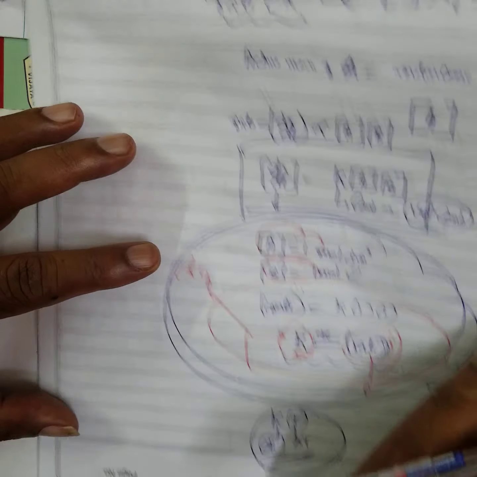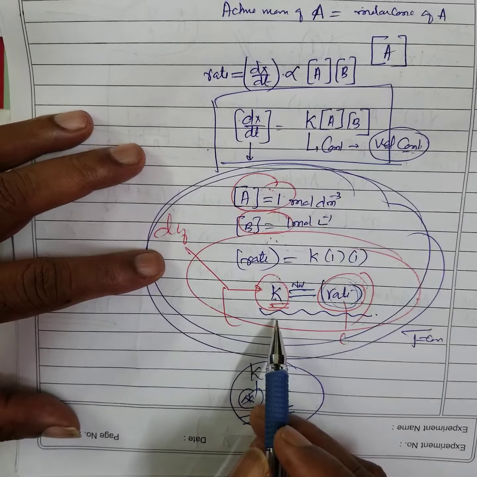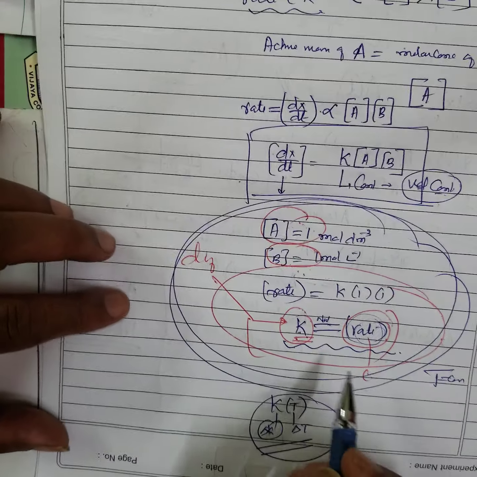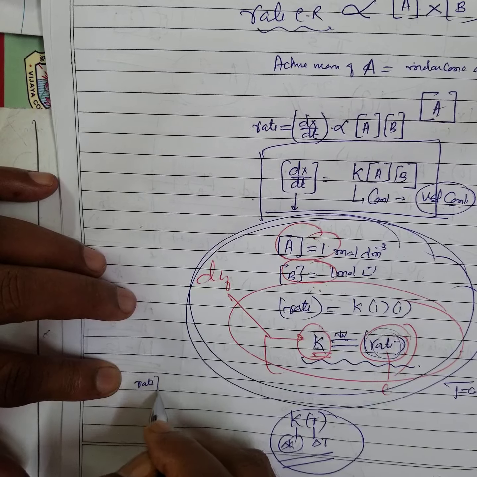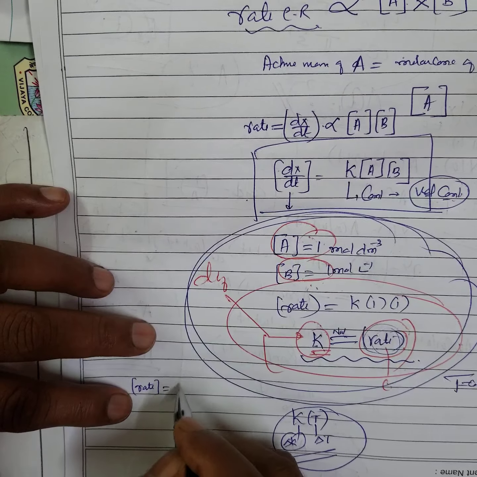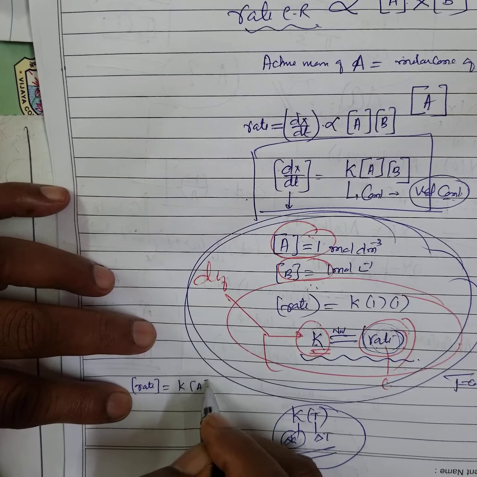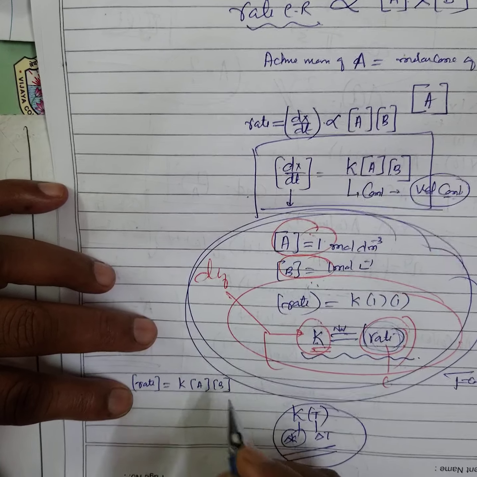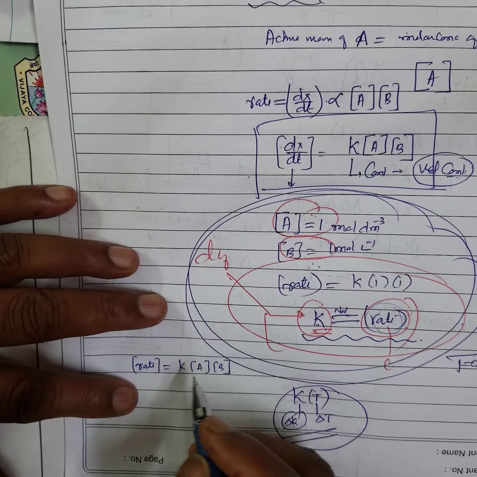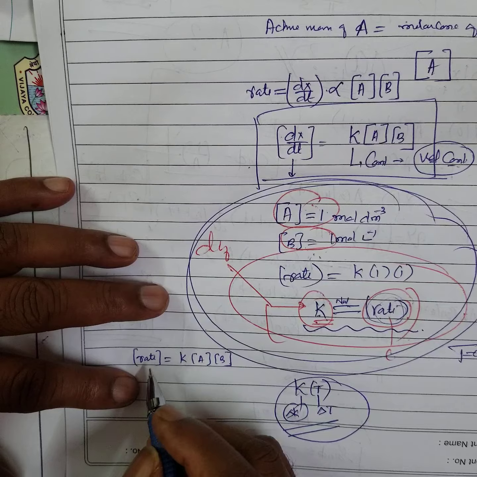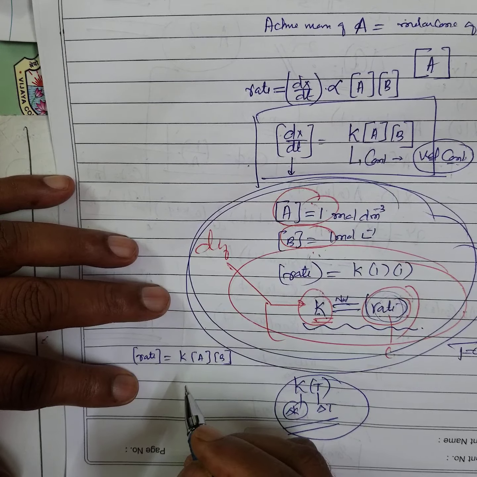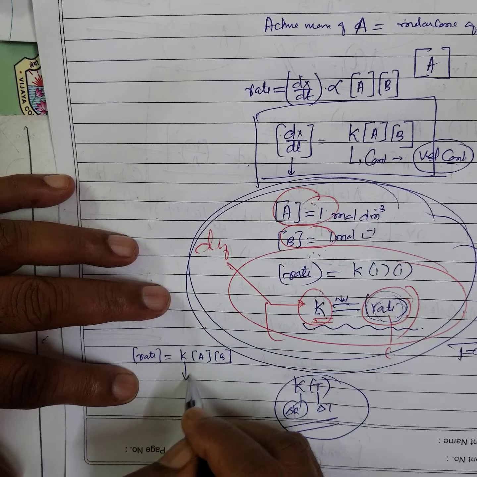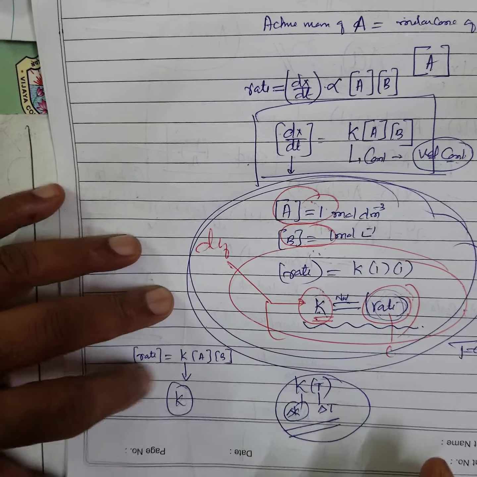Then what is the unit of rate constant? See, they are asking the unit of rate constant. The rate of a chemical reaction is equal to K times the concentrations. Here the unit of rate constant differs.